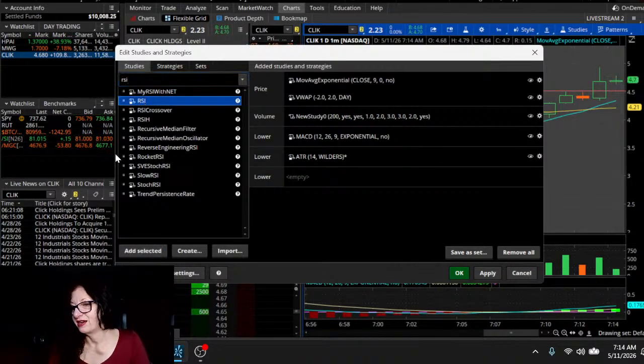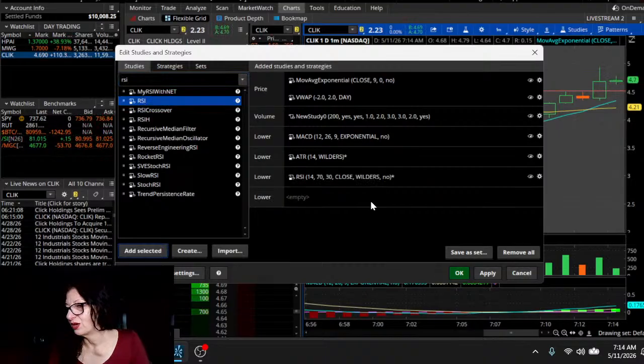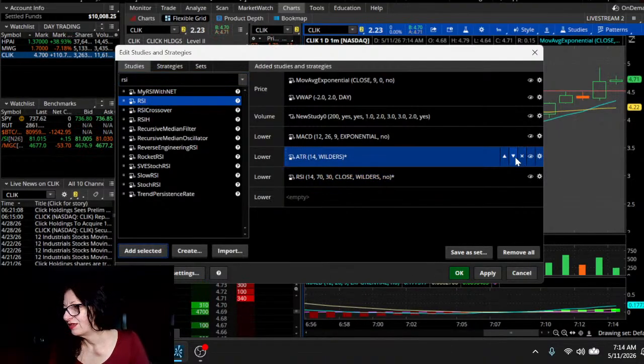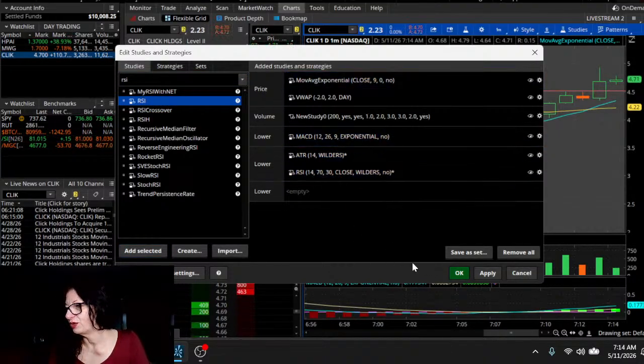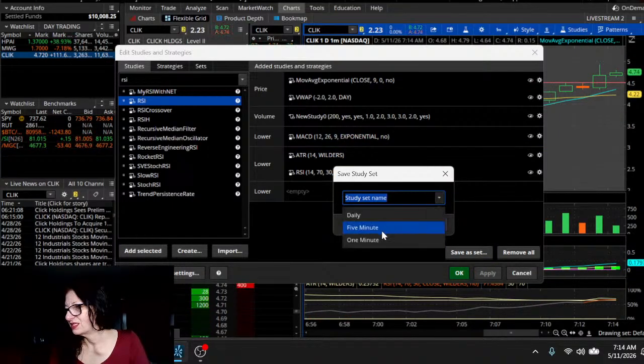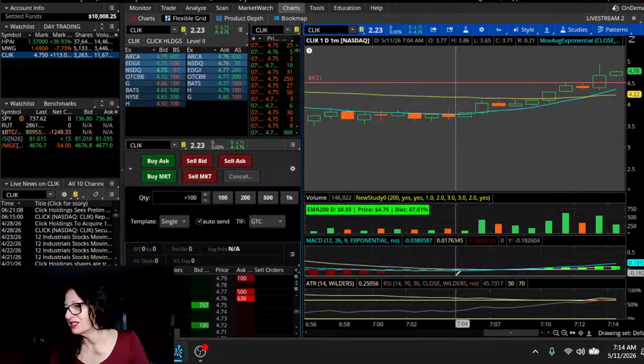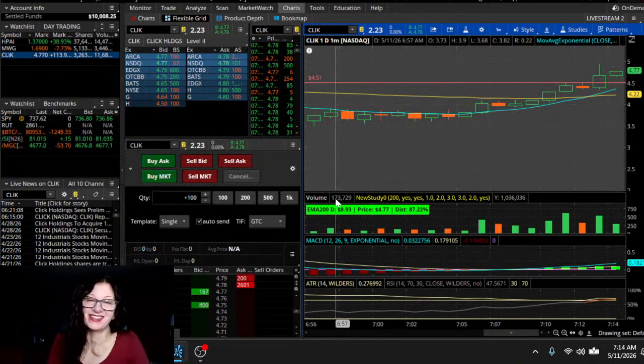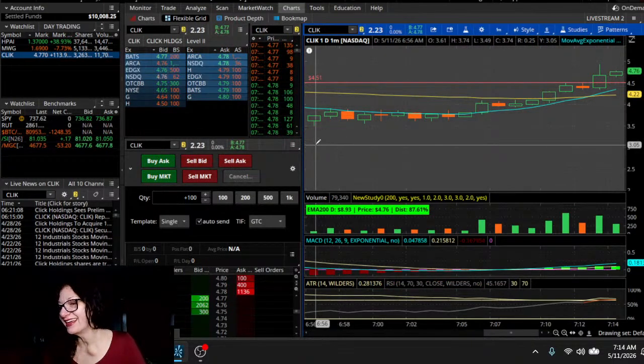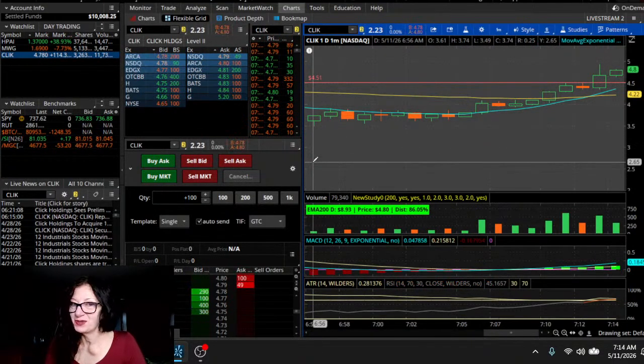Those are two that I kind of wanted to add. So I'm going to put these in their own window below MACD. We'll save this as the 1 minute. Now, I said I was going to simplify, and I just keep adding things, but there's got to be a sweet spot, right?